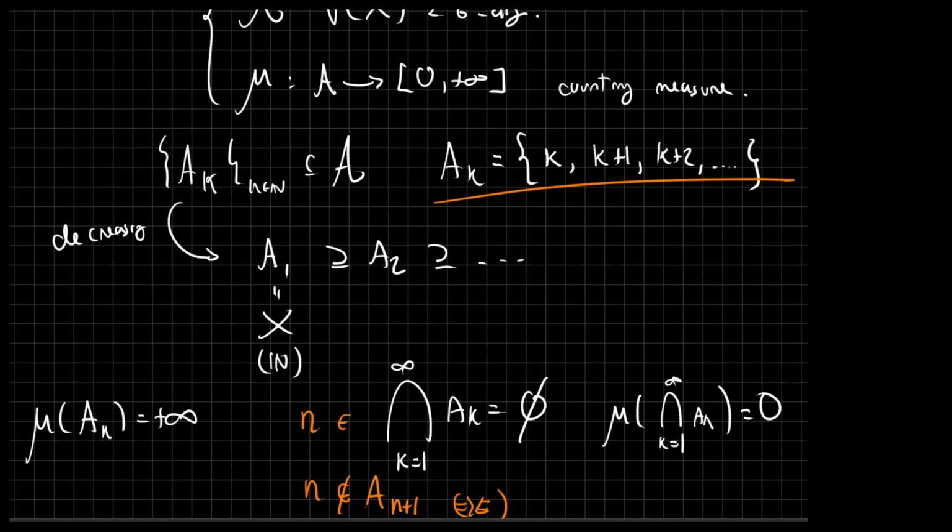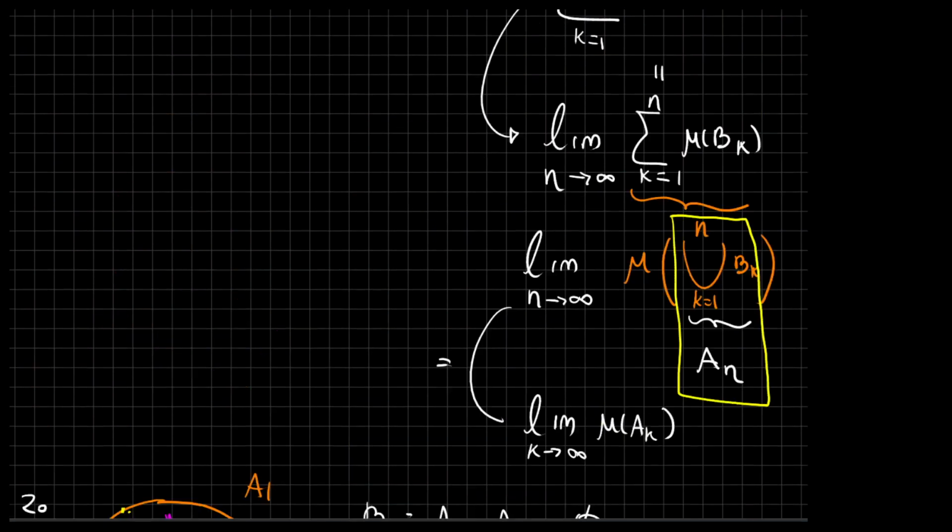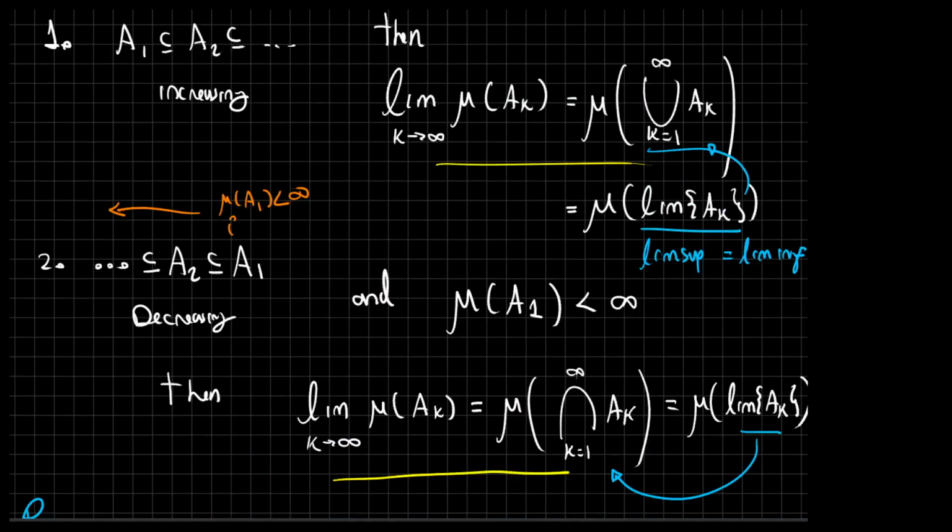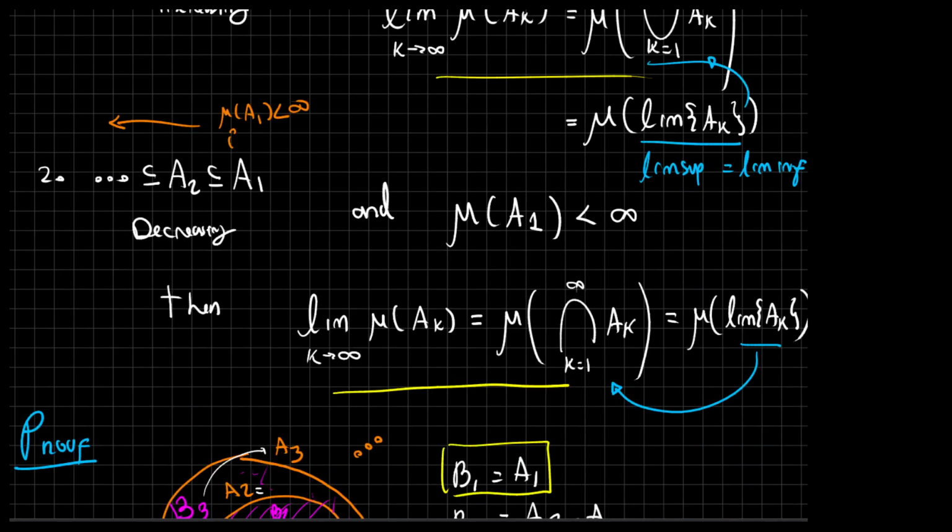So for our theorem with decreasing families, supposing that we wrongly apply the theorem, we will have plus infinity, the limit, because this is a limit of constant terms, everything is plus infinity, so the limit is plus infinity, would be equal to 0, because the measure of the empty set is 0.